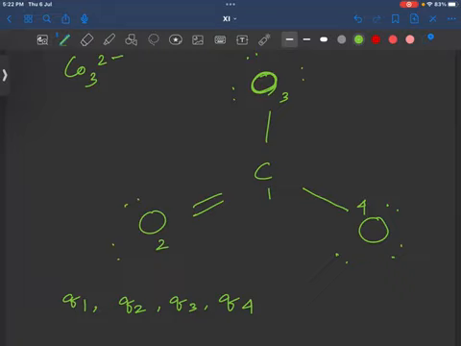Tell me Q1, Q2, Q3, Q4. Lone electrons are the dots outside, and bonded electrons are the dots which are connected.